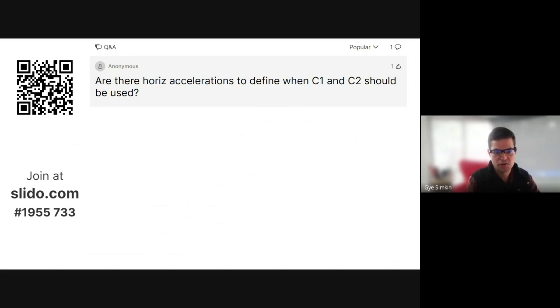Are there horizontal accelerations to define when C1, C2 should be used? That's a great question. Yes.